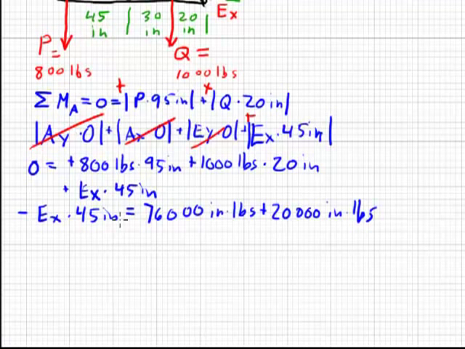So if I add these up and divide both sides by negative 45 inches, I end up with EX equals negative 2,133 pounds. So now we know that EX is actually going to the left.